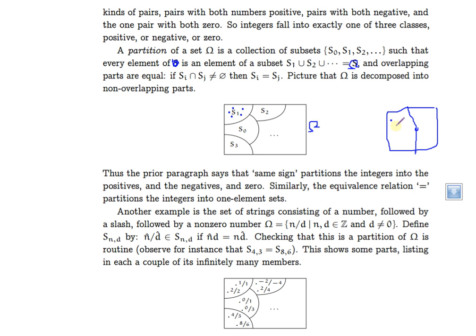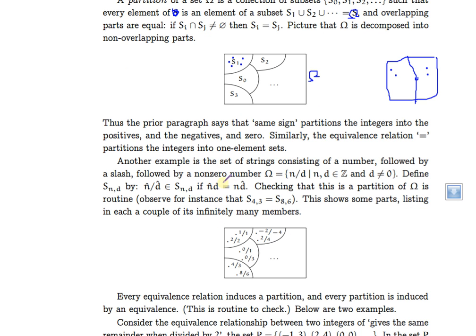Now, any two positives were equivalent. Any two negatives were equivalent. They have the same sign. Okay? So there's a close relationship between partition and equivalence relation. Every equivalence relation creates a partition. And on the other hand, every partition creates an equivalence relation. So they're very closely related.